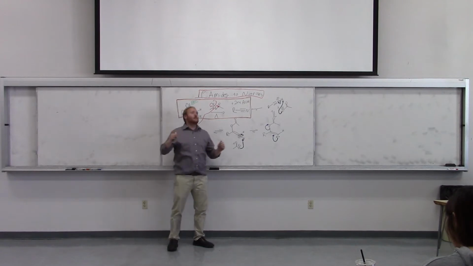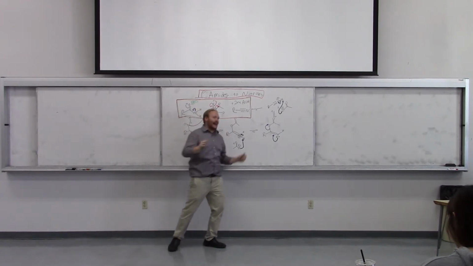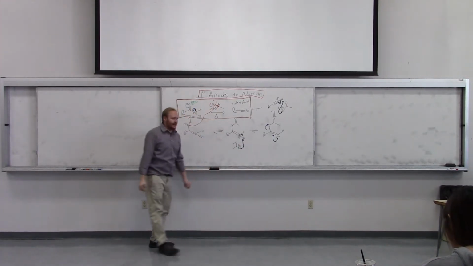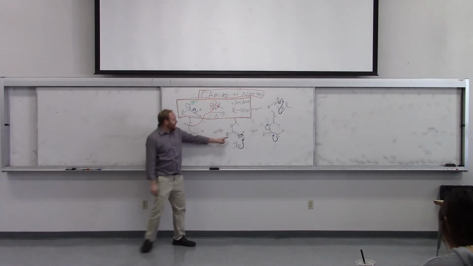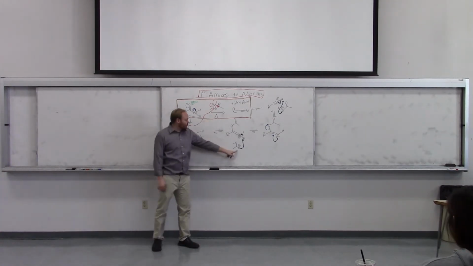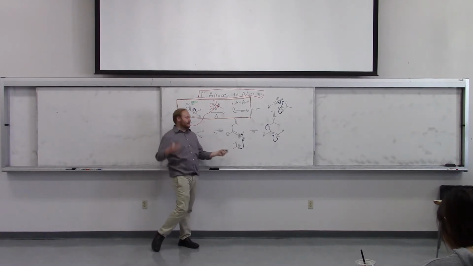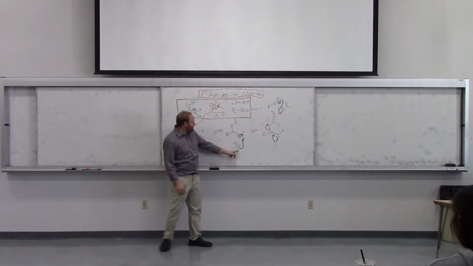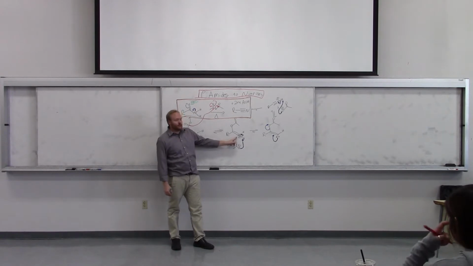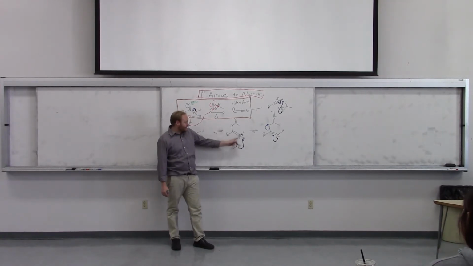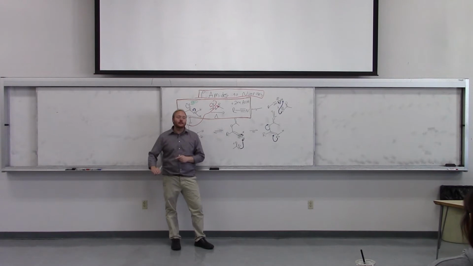It can act almost as an alcohol and attack an anhydride, giving us this intermediate plus 1 equivalent of acetate, the conjugate base of acetic acid. And you have this nitrogen with a positive charge and 2 hydrogens. This is a quite acidic sp2 nitrogen. This is almost like an aminium.